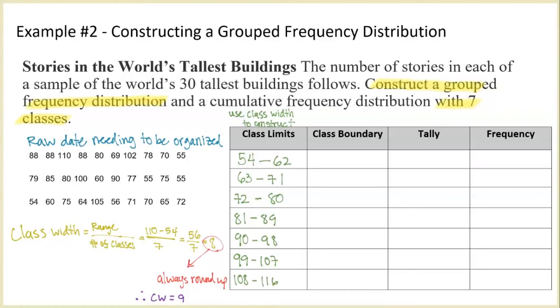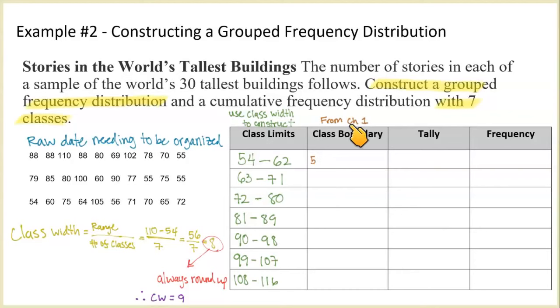So our class boundary, and this is a concept from chapter 1. When you're reading from chapter 1, it talked about how you construct a boundary. Because these are whole numbers, we want to create intervals that now have an overlap from the first class limit to the second class limit, and then from the second class limit to the third class limit.